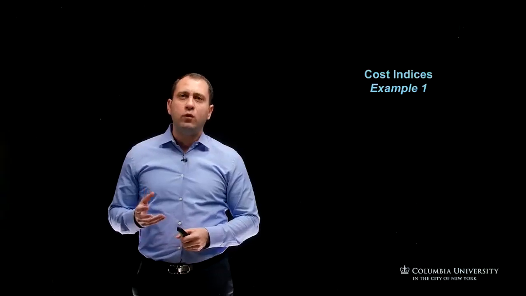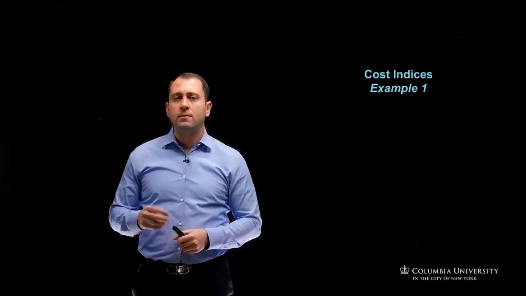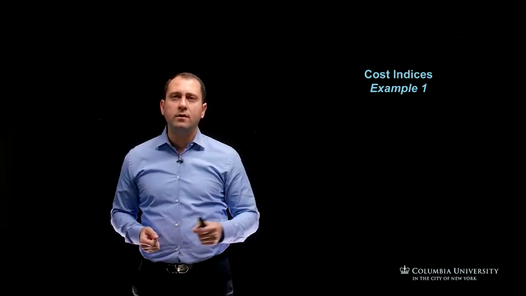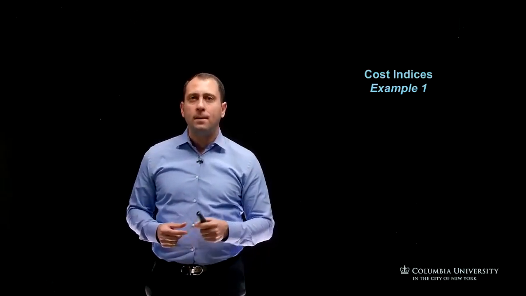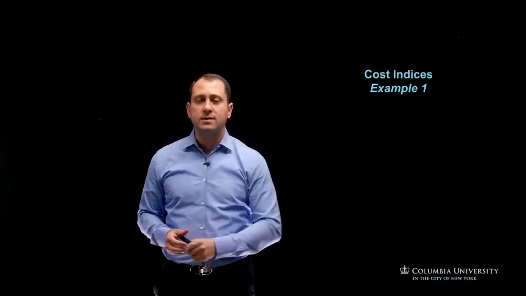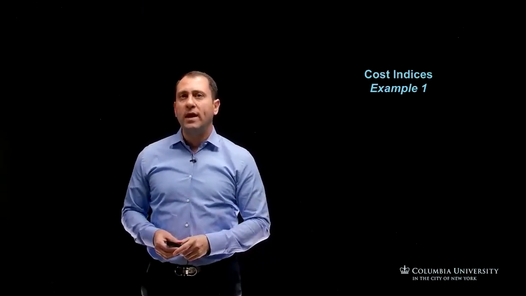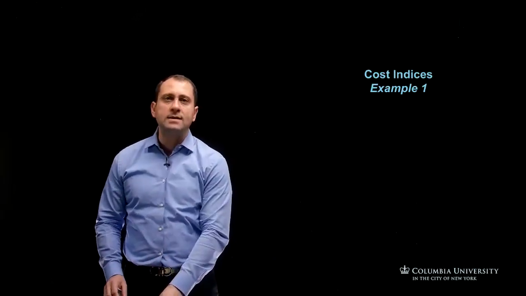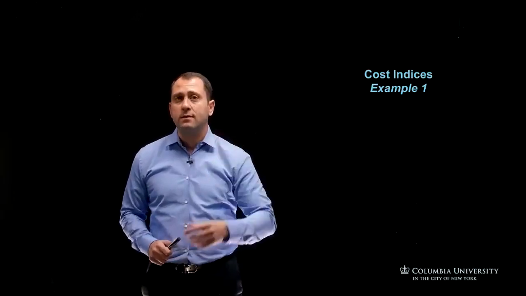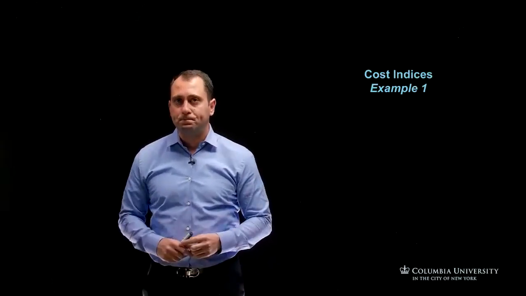Let's say if we want to convert from one base period to another using what I just explained, the ENR BCI, the Building Cost Index. So let's say we want to convert costs from 1967 to 2013.